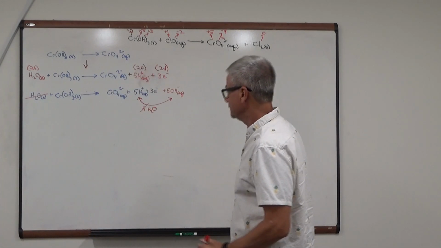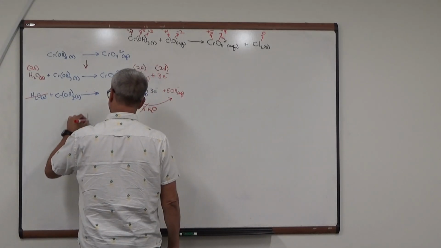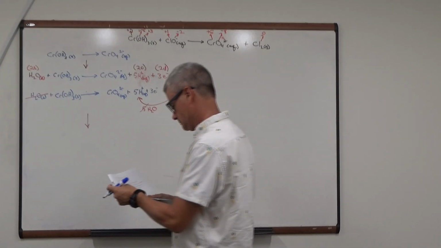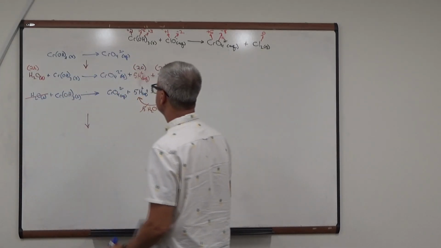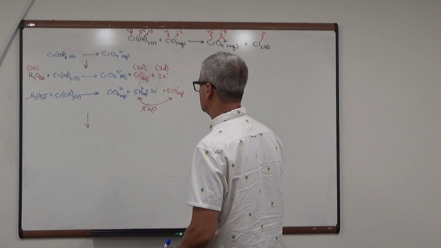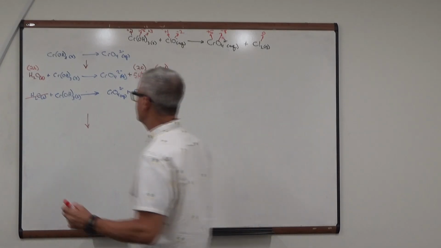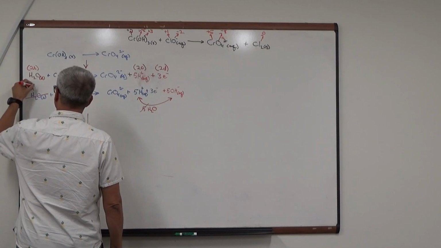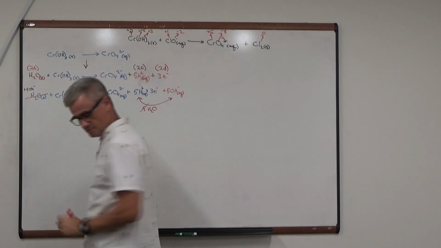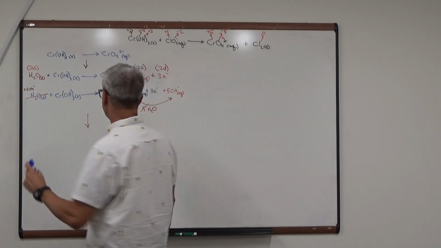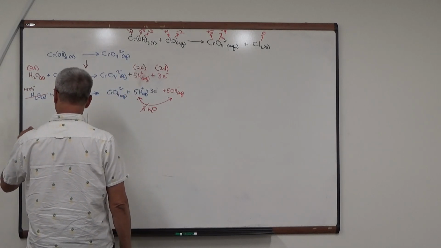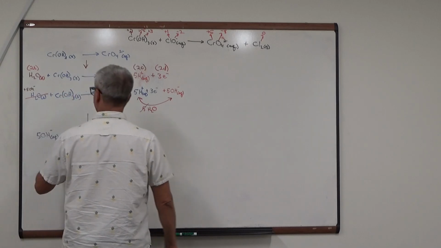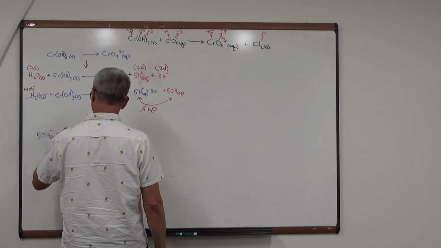All right, so that what we now have is, oh, shoot. I'm so sorry, folks. I forgot to add the 5-hydroxide here. When you add the hydroxide, you got to add it to both sides. All right. So now it looks like 5-hydroxide. Okay. Chromium hydroxide.